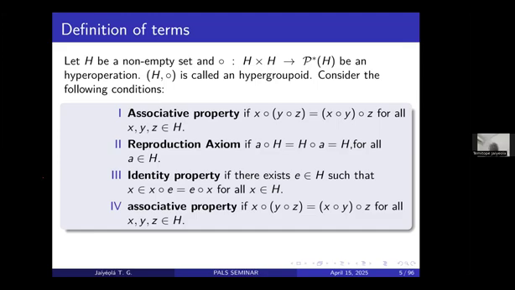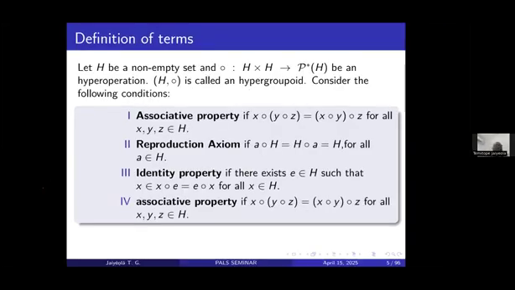The reproduction law axiom is as given, and the existence of identity, that is, for all x in H, x belongs to the hyperoperation of x and e, and e and x as well. It must be noted here that unlike in classical algebraic structures, where the composition of two elements gives just a single element, in hyperalgebraic structures it gives you a non-empty set.